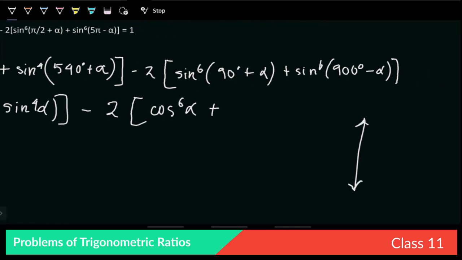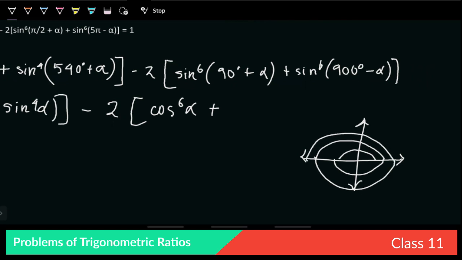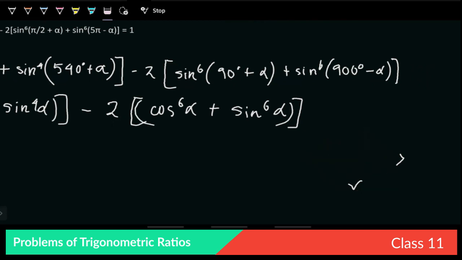So 900 means, I am drawing the quadrants again. 900 means it is 5π. So this is π, this is 2π, this is 3π, this is 4π, and this is 5π. Minus theta means it is falling under the second quadrant. In the second quadrant, sine is positive, and since it is associated with this horizontal line, sine will remain sine, so it will be sine to the power 6 alpha. Okay, so this is our second line for this sum.